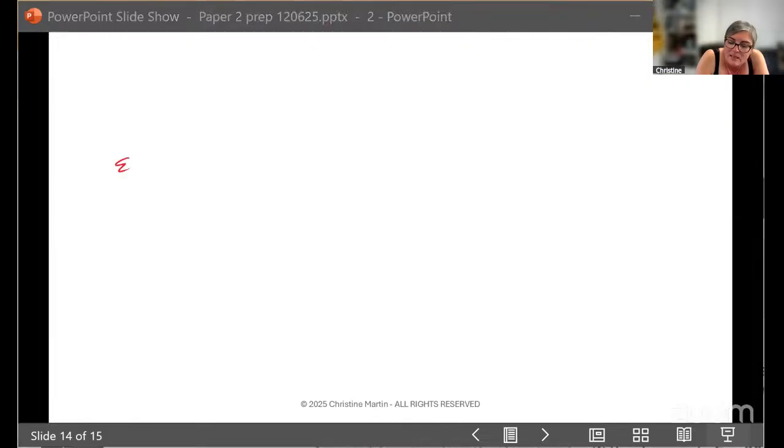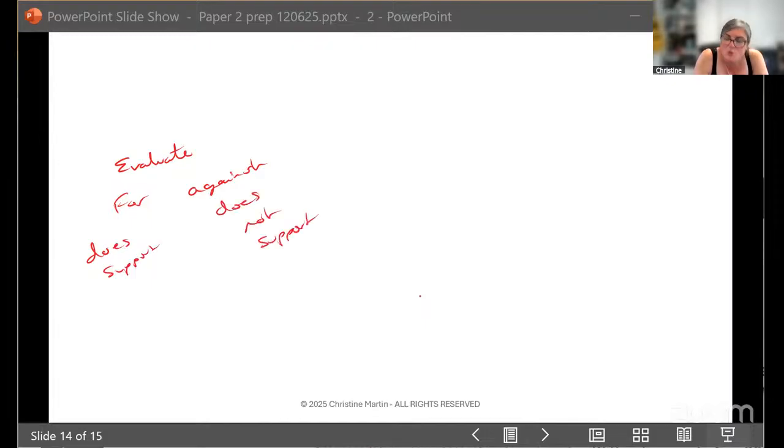Right, evaluate is absolutely, you are right. We want a for, we want an against. Does support, does not support. So anytime you're looking at evaluate, it is really important that you are talking about where there is evidence that is supporting whatever they're claiming it to do and where there is evidence against, so not supporting whatever it is that they are claiming to do.